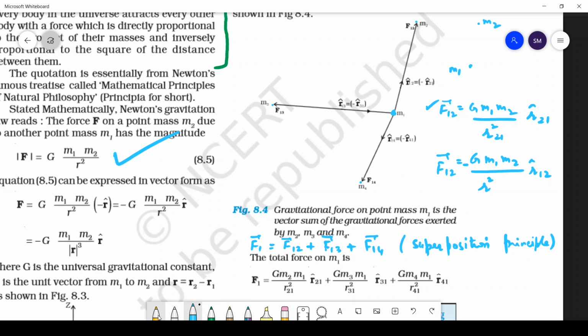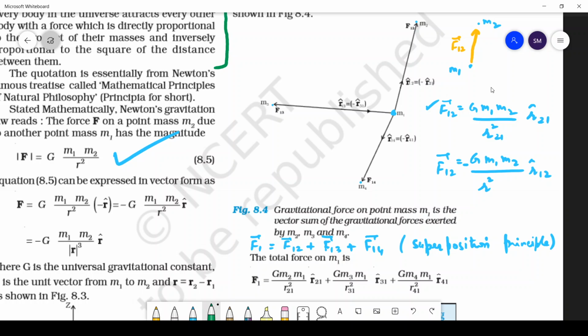Now what's the direction of the force on 1? This is the direction of the force on 1 due to 2. 2 is attracting the force. That's the direction.